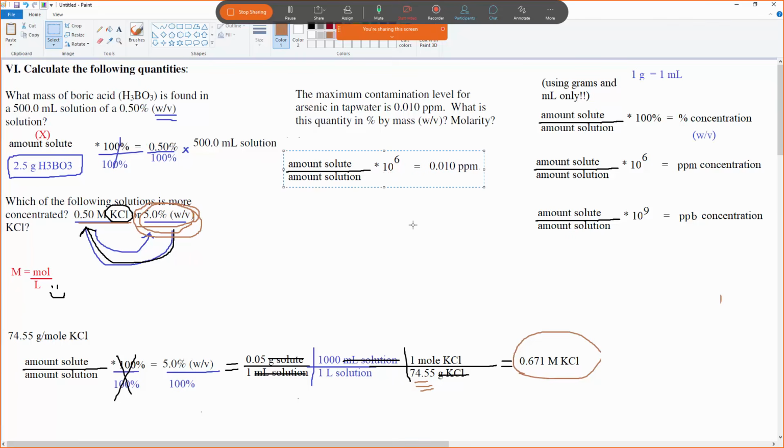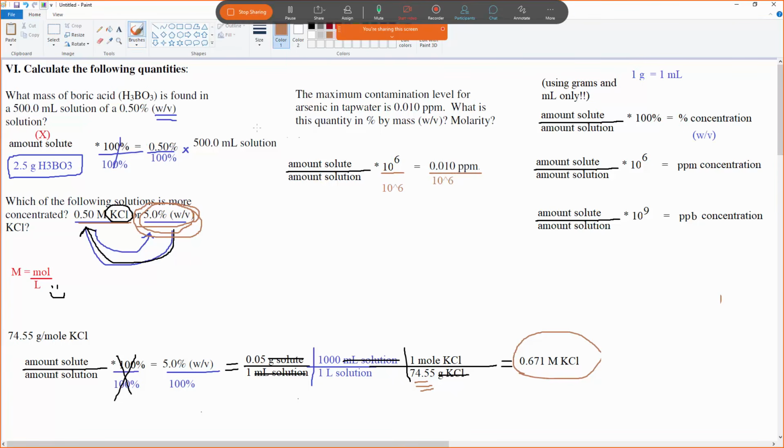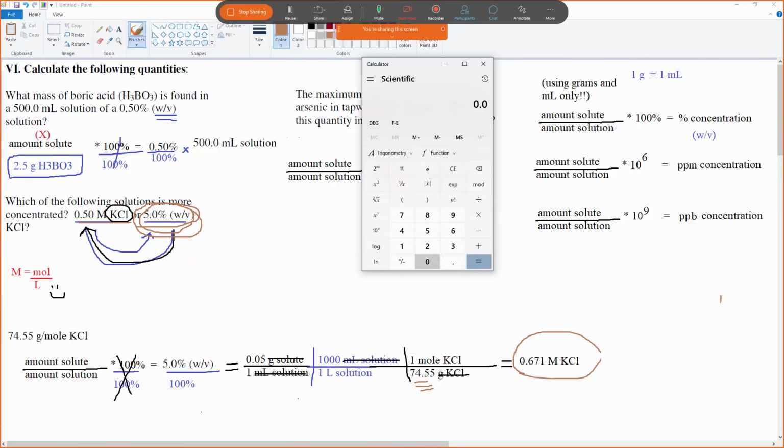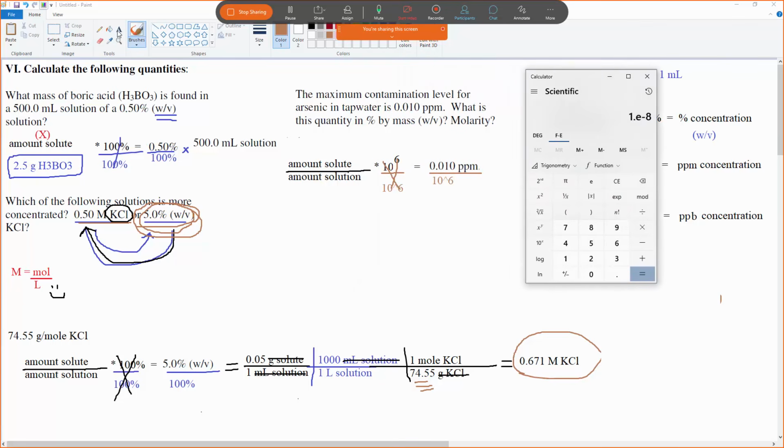So I can divide this by 10 to the 6th, so that these will cancel, right? And I get 0.010 divided by 1 times 10 to the 6th. It gives me a value of 1 times 10 to the negative 8th.